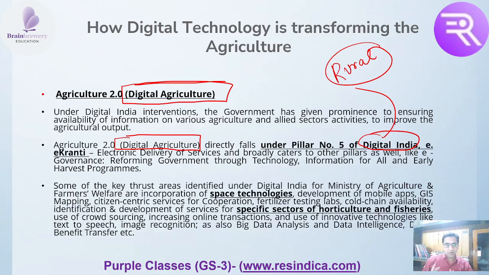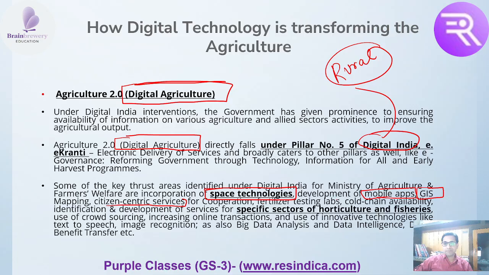The focus will be on space technologies, satellite based technologies, mobile apps, geographical information systems, mapping and citizen servicing cooperation.